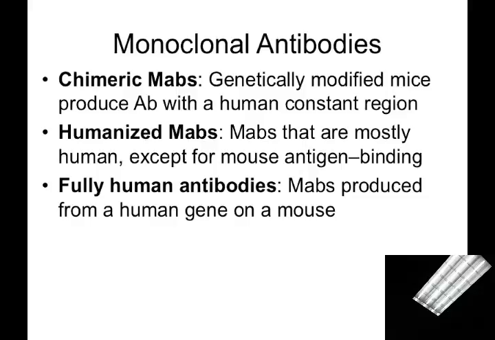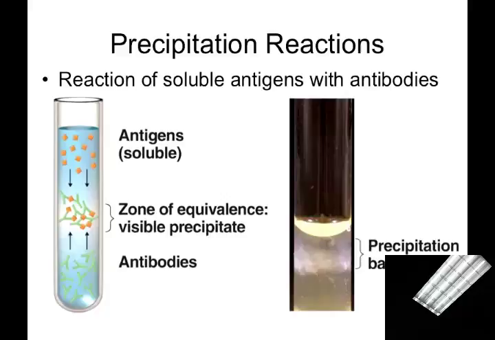Humanized monoclonal antibodies are ones that are mostly human, except for the very tippy tips of the antibody, which again are where the antigen binds. And you can also have fully human antibodies, so the mouse just actually makes an antibody using human DNA.